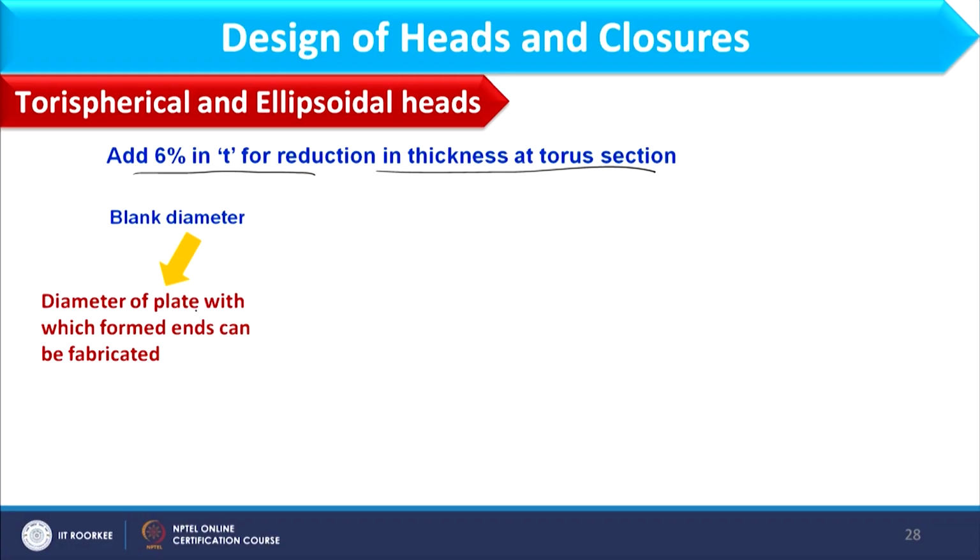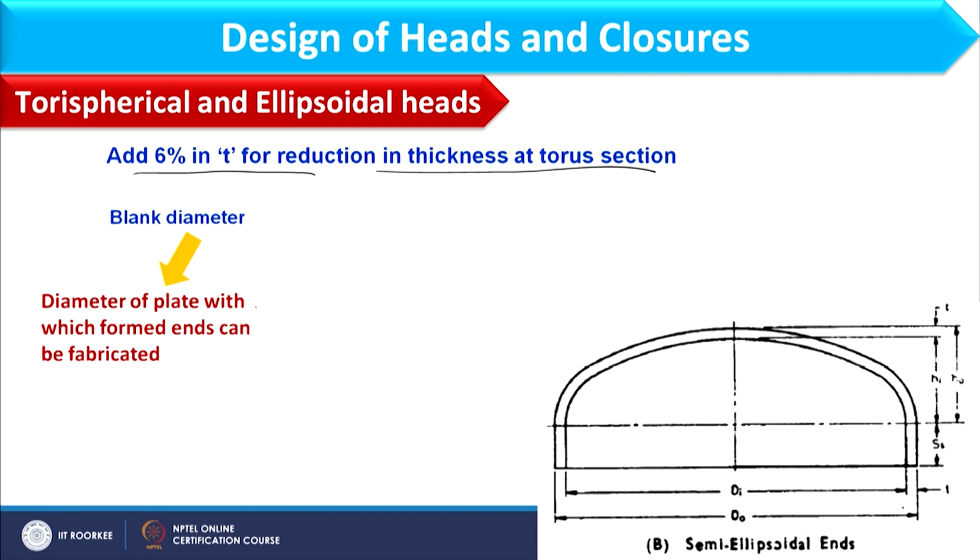Once I have this, we will calculate the blank diameter. What is blank diameter? It is the diameter of the plate with which formed ends can be fabricated. So if I have this ellipsoidal head, the diameter means the diameter of this whole plate through which this ellipsoidal head is prepared.